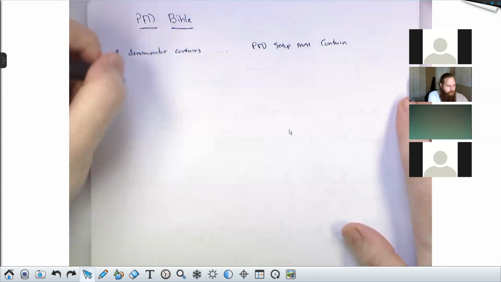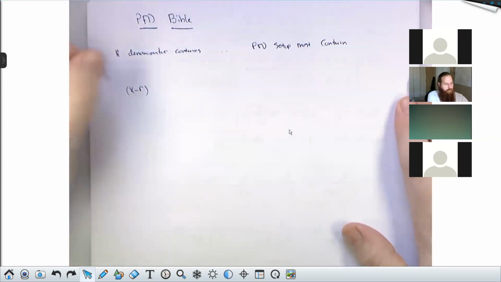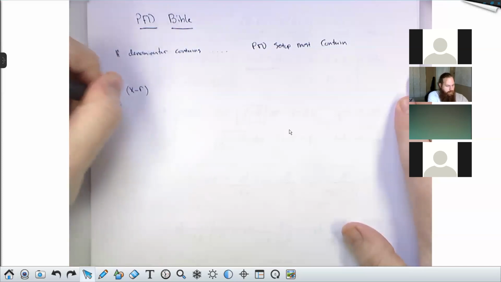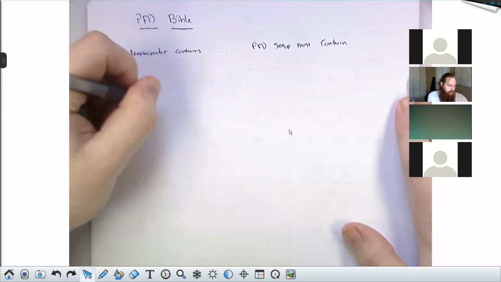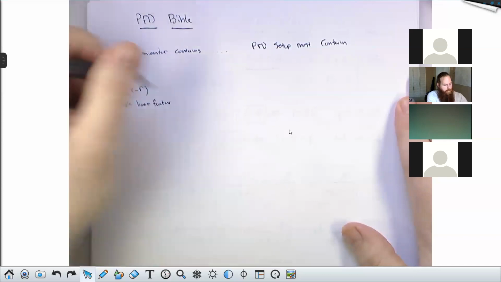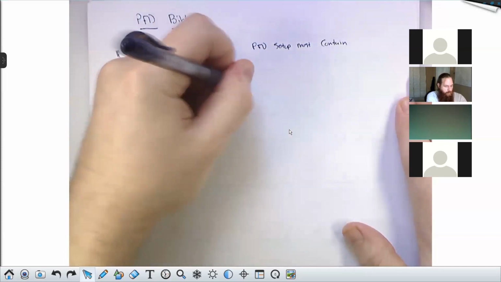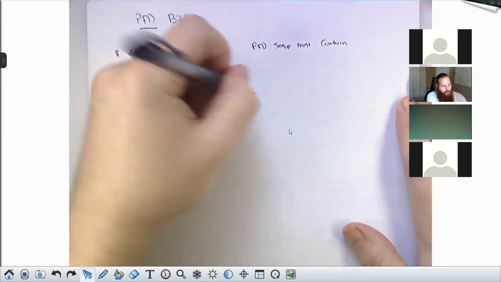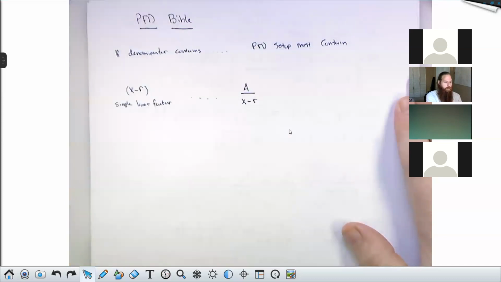If your denominator contains something like x minus r, a simple linear factor, then your PFD setup will contain one term, and it will be a constant, which I'm writing as capital A, over that factor.